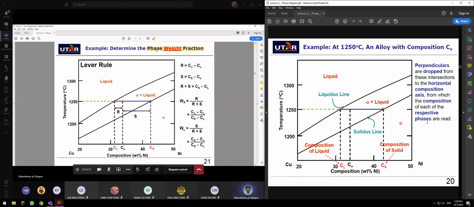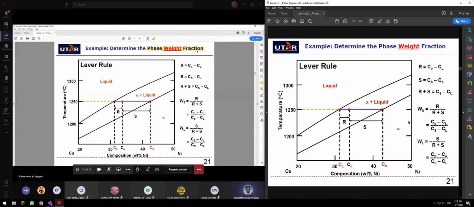To find the phase weight fraction, which is the amount of phase present in the system, we need to use the lever rule. The lever rule is very simple. Just look at this, guys.